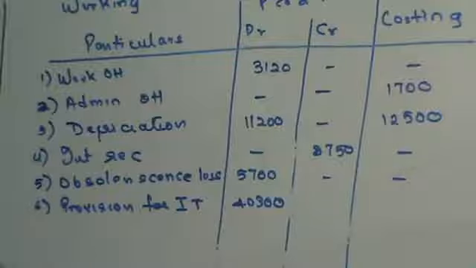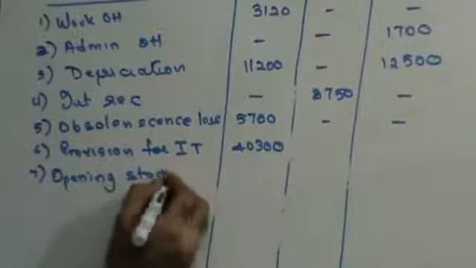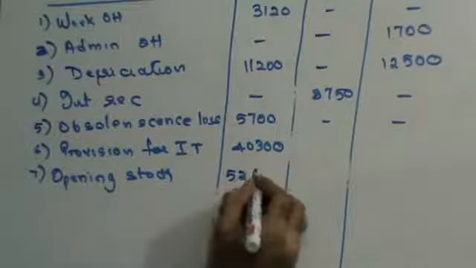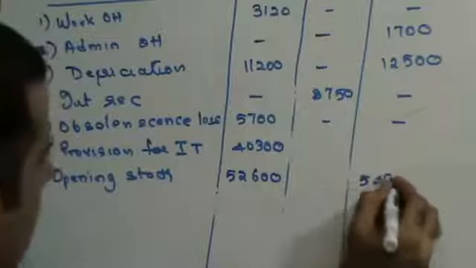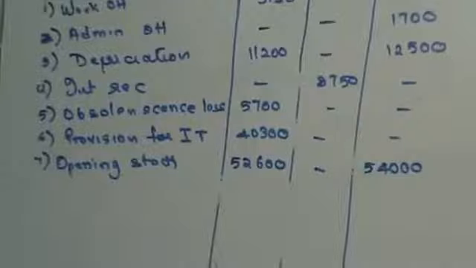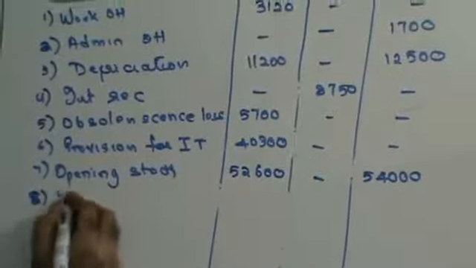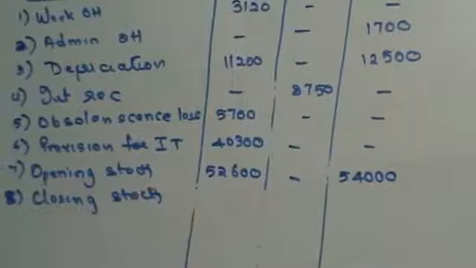Next, opening stock. Opening stock is given to you as 52,600 in finance and 54,000 in costing. Next, closing stock. Closing stock is a credit side entry.